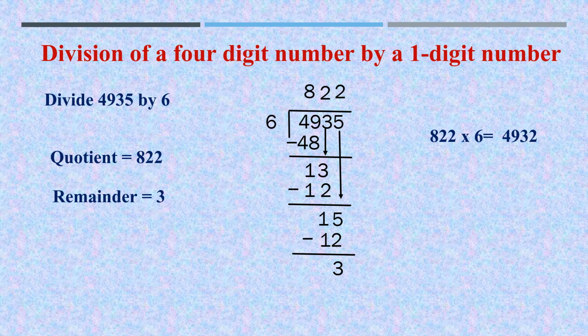Now we should add the remainder. What is the remainder here? 3. So we add 3 with this number. So what will you get? 3 plus 2 is equal to 5. So we get 4935, which is our dividend. So if we get the correct answer as the dividend, then our answer is correct.